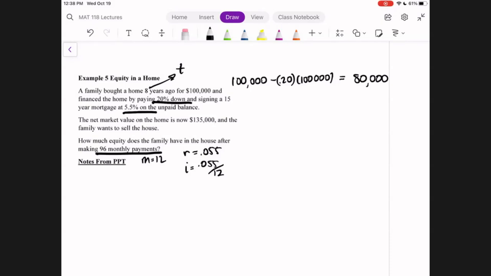So if we just divide those two, right? We get around 0.00458.